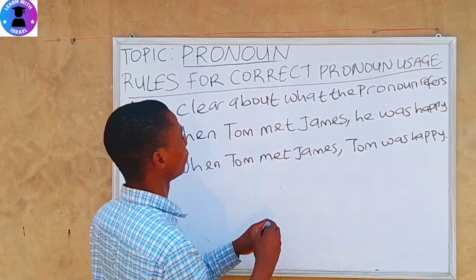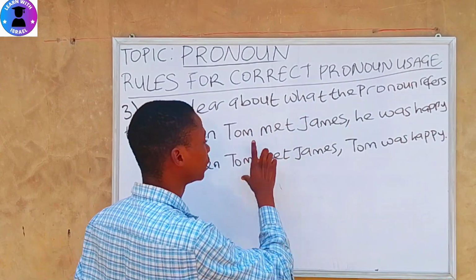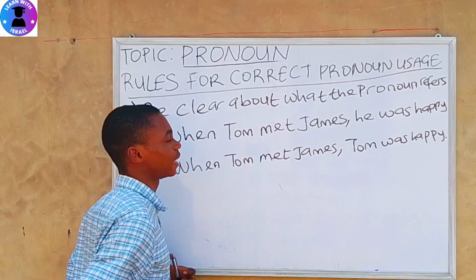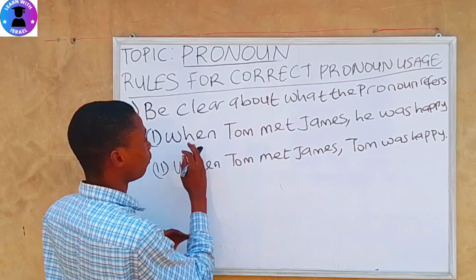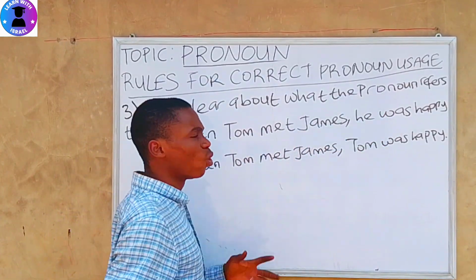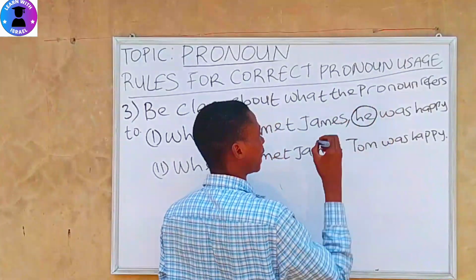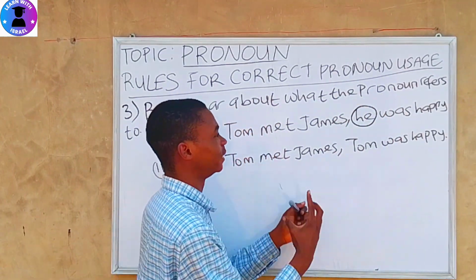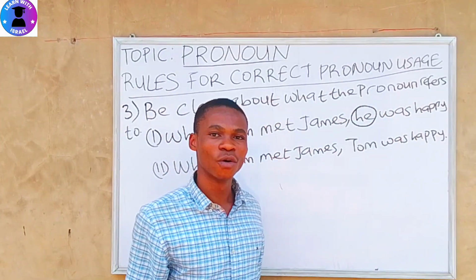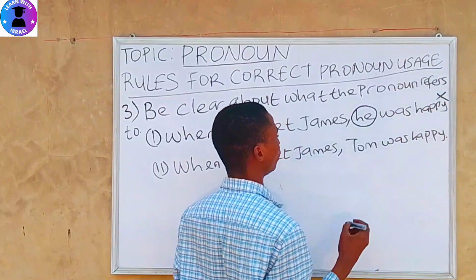So who can identify the one that is clear and the one that is unclear, the one that is wrong and the one that is correct? The first one, when Tom met James, he was happy. Who is he? Who was happy? Is it Tom or James? We don't know. That is why the first one is wrong.